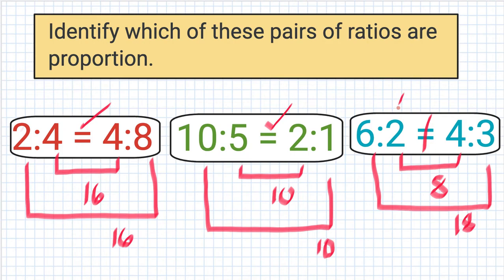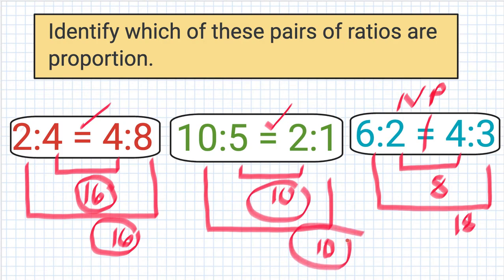Therefore, they are not proportion. NP, not proportion. Okay, so again, we can only say that the two ratios are proportion if the product of the means is equal to the product of the extremes. So they are considered proportion.